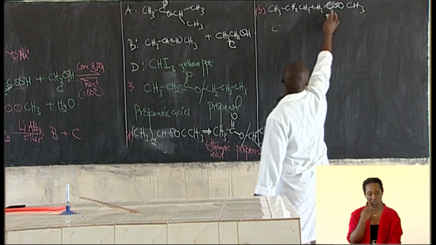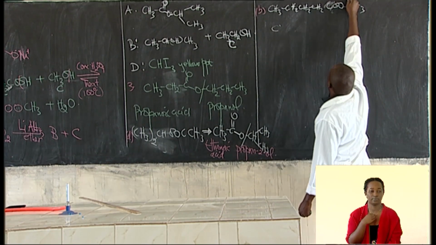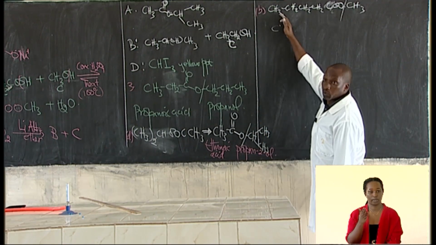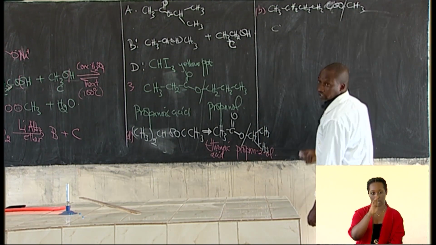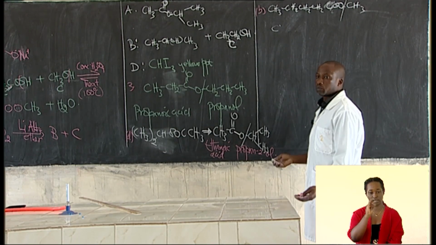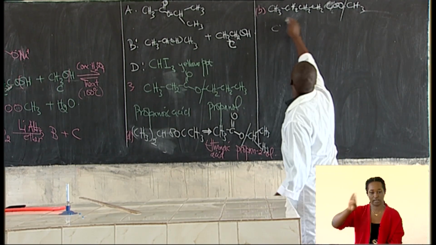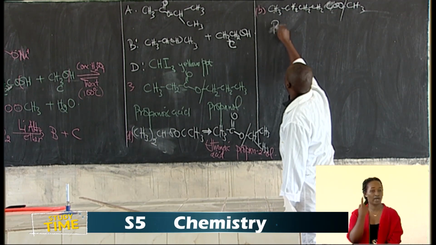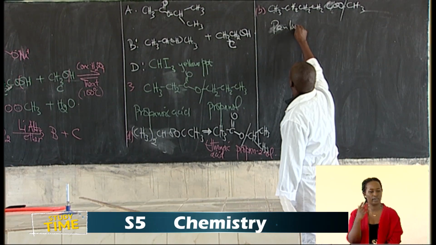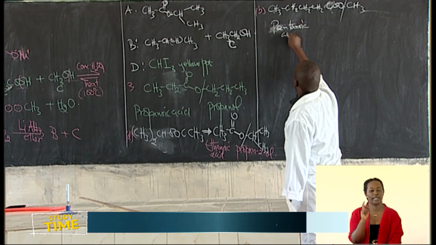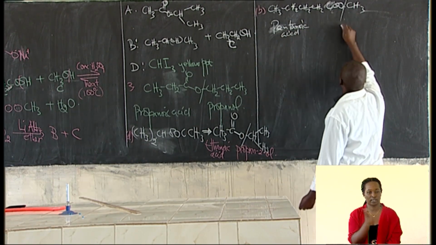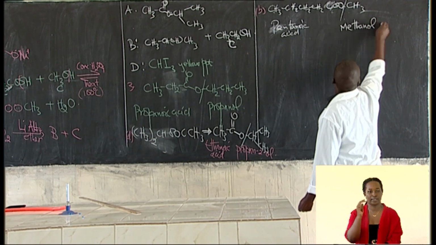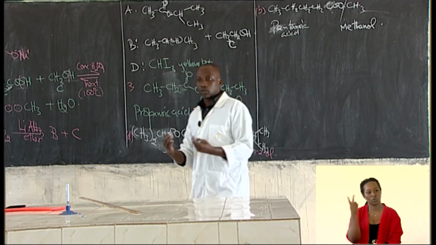So you have this as a carboxylic acid, and you have this alkyl group obtained from the alcohol. So this one will be, how many are they? 1, 2, 3, 4, 5. So this is pentanoic acid, and this one will be methanol. Those are the 2 alcohols obtained.